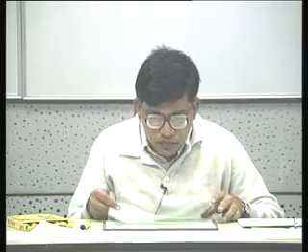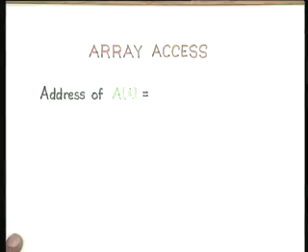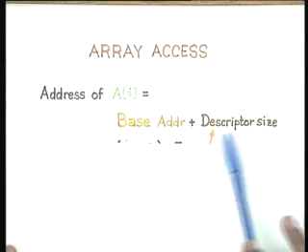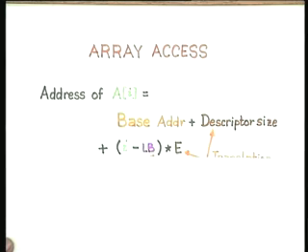If you look at array access, whether for L value or R value, you still have to get to the location of the address of I. There is a base address, which is of course runtime, not compile time determinable. Relative to this base address, there is a descriptor size which is compile time determinable.